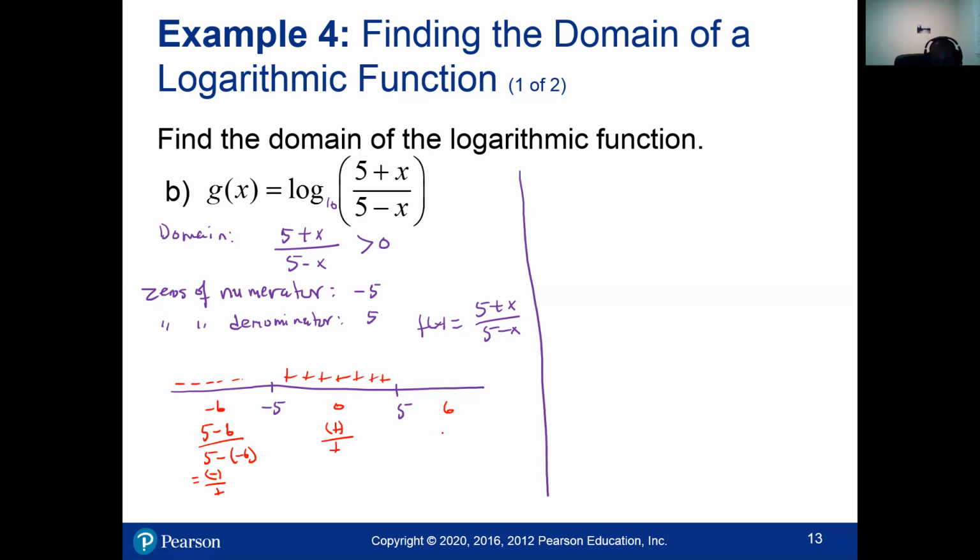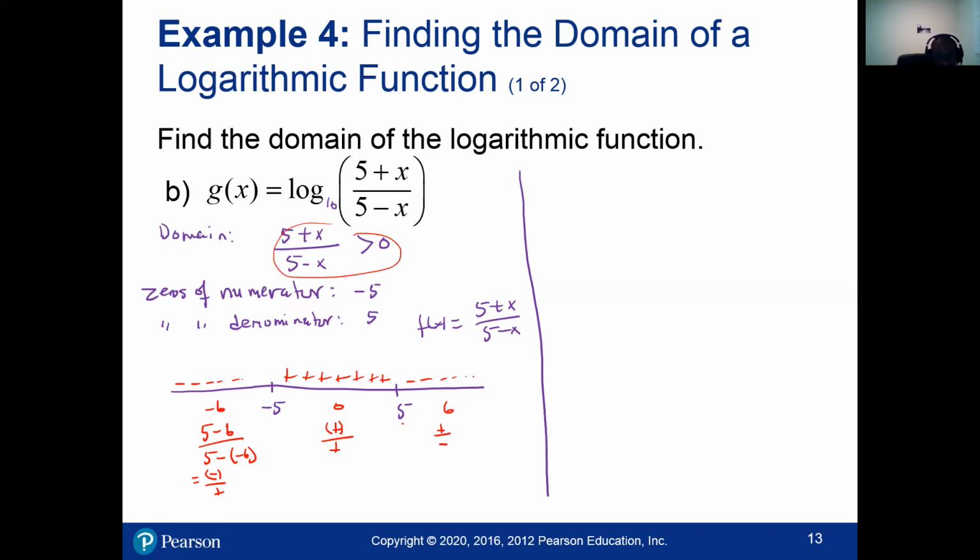If you pick 6, the numerator 6 plus 5 is positive, and 5 minus 6 is negative, so this side is negative. So the only interval that satisfies this inequality is between -5 and 5.